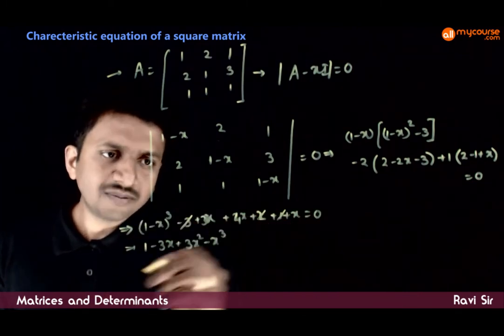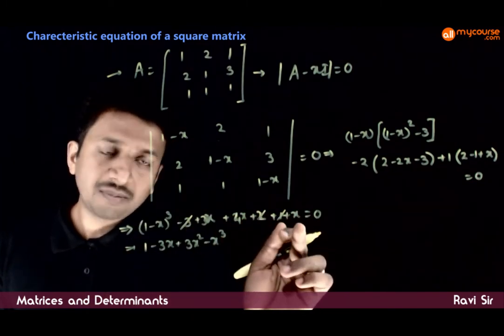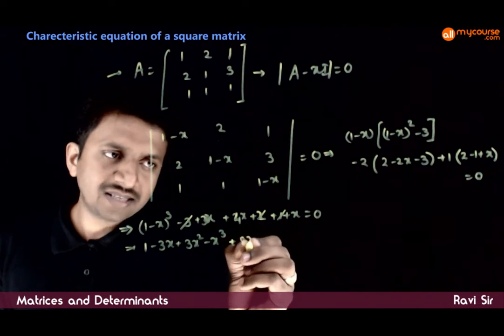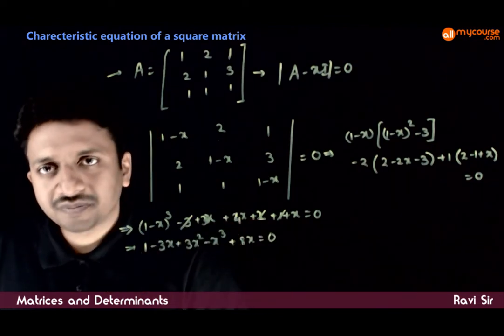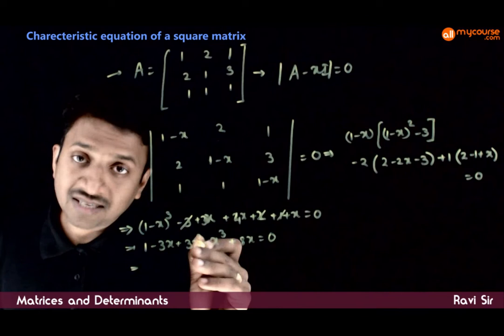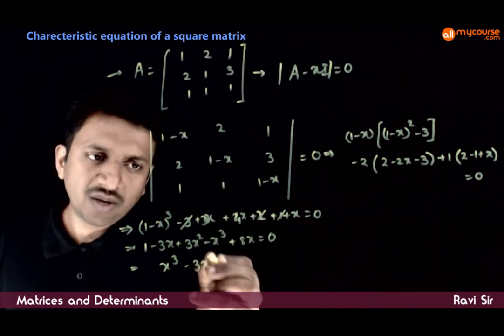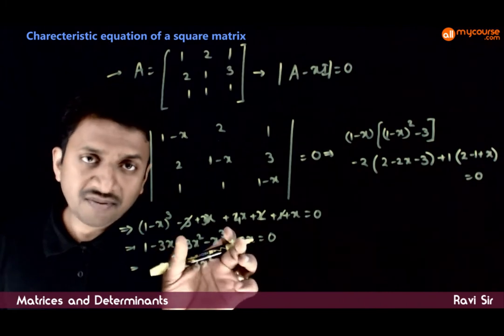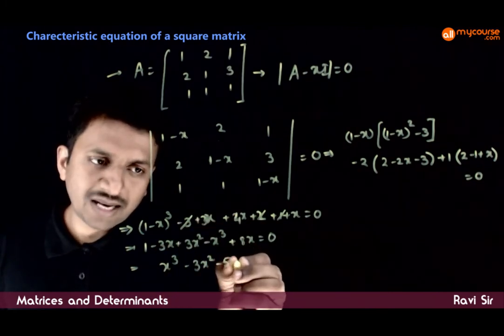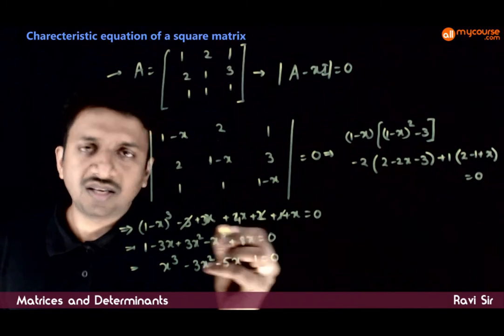So this gets cancelled. So 3x plus 4x plus x is 8x, equal to 0. If everything goes onto that side, you get x cube minus 3x square, plus 5x here, which on that side gives minus 5x, minus 1 is equal to 0.